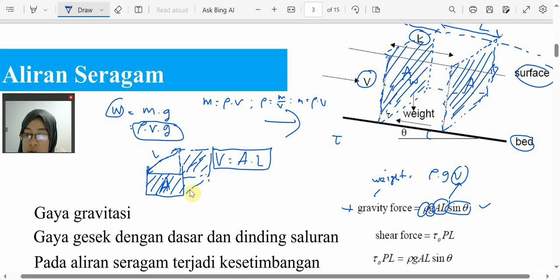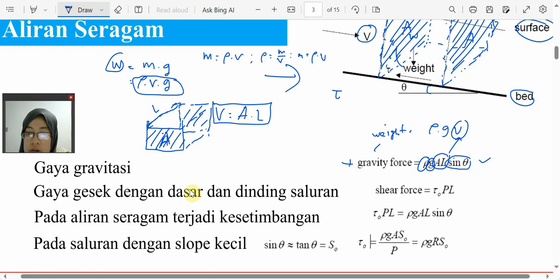The bed, the bottom of the channel, is not flat; there is some angle of slope that gives the bed a certain slope. So this is the gravity force happening in this water system.